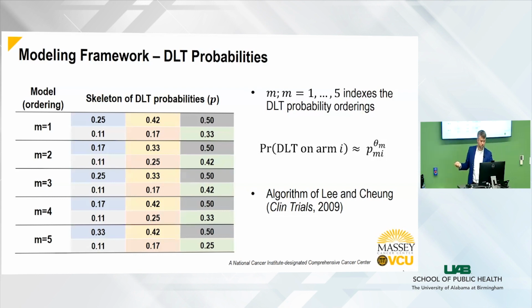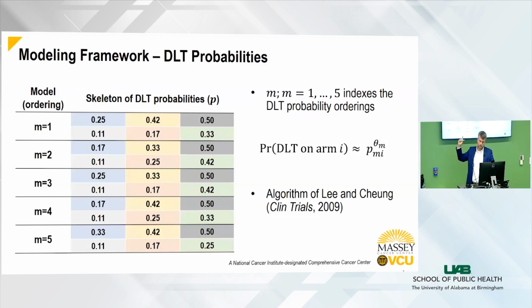So in the first one, B is less than C, right? In the second one, C is less than B, right? And I'm representing that through those skeleton values or those pre-specified constant values. And I'm just raising those to a power. I have M of those now, I have 5 in this case, right? Okay, so M is going to index the ordering, and I have a sort of a skeleton representation under each of the orderings.